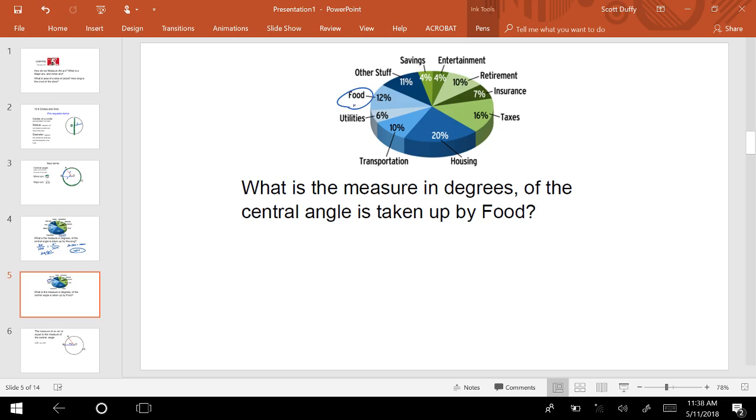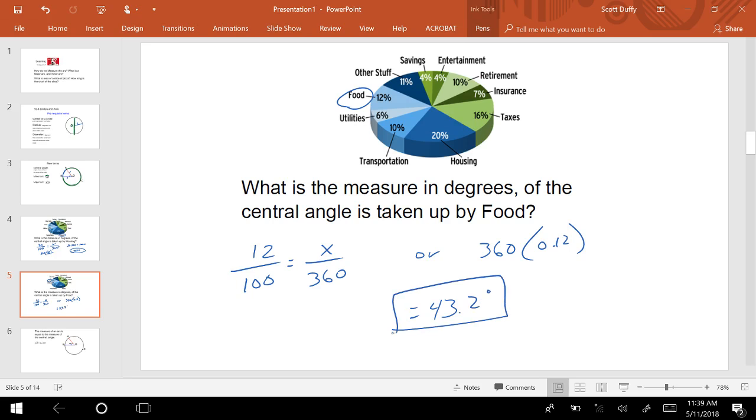Food right there, that's 12%. So you can say 12 out of 100 is equal to x over 360, or take 360, multiply it by 12%, and you get 43.2 degrees.